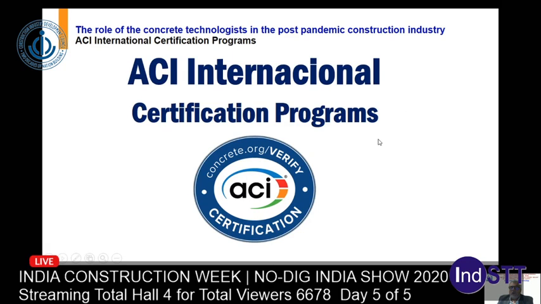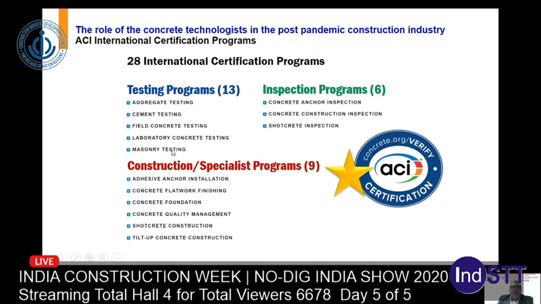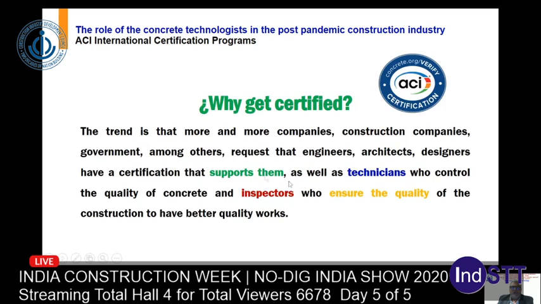For sure, there are some other institutions or organizations that could offer similar programs to complement the knowledge and skills of young professionals. In the case of ACI, at the moment they have 28 international certification programs. 13 are oriented to testing the concrete materials or the concrete by itself, 6 are oriented to inspection programs, and 9 are oriented to construction specialist programs.